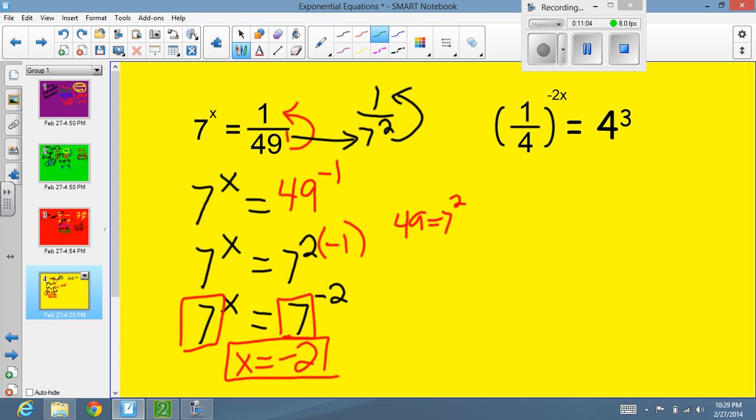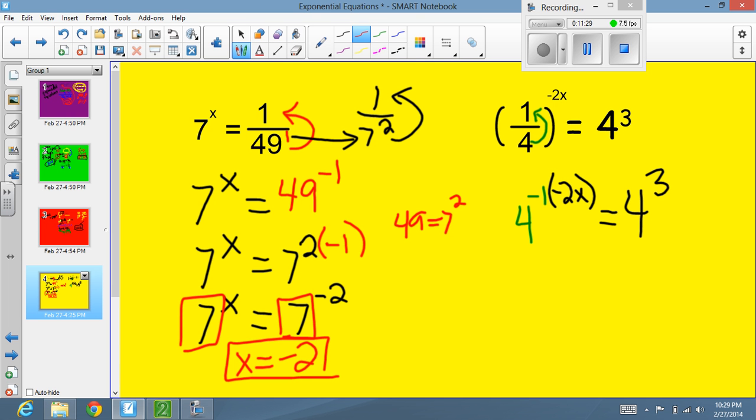Last example over here, I can take this 4 to the +1 power, move it to the numerator, and this becomes 4 to the -1 power, and I already had a -2x up there in that exponent. This is 4 to the 3rd.